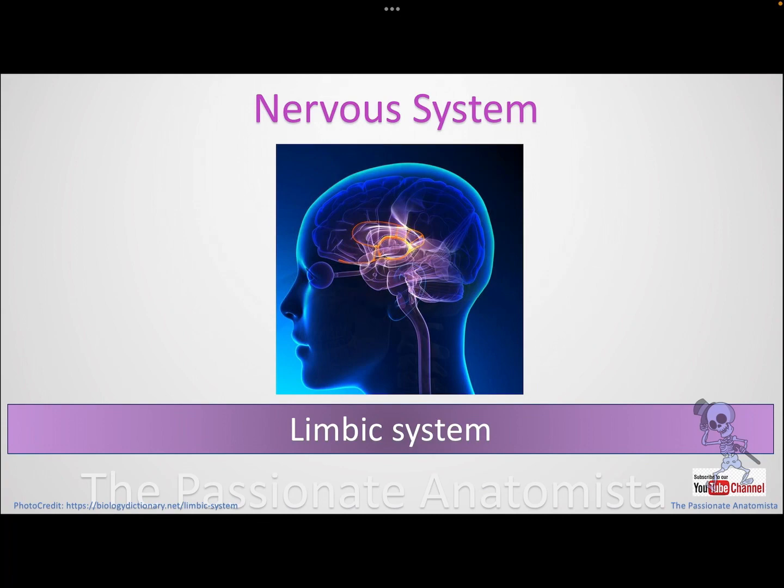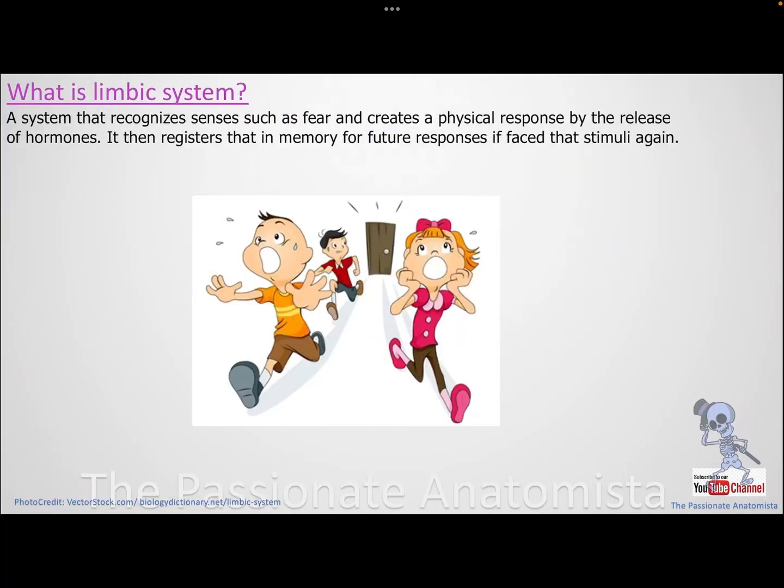So what does the limbic system basically do? The limbic system is a system that recognizes the senses such as fear and creates a physical response by release of hormones. It then registers that in memory for future responses if faced with that stimulus again. In other words, if something happens to you in the surrounding, you need to receive it with all your senses.